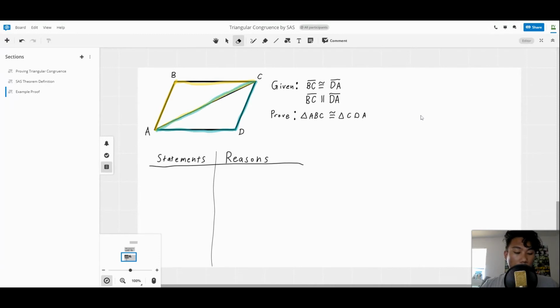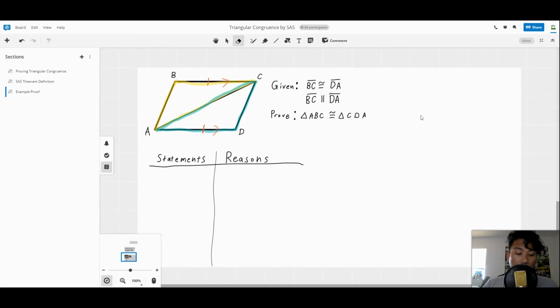Now, we are given that side BC is congruent to side DA, which I will mark with these lines. And we're also given that side BC is parallel to side DA. So I will mark that as well.